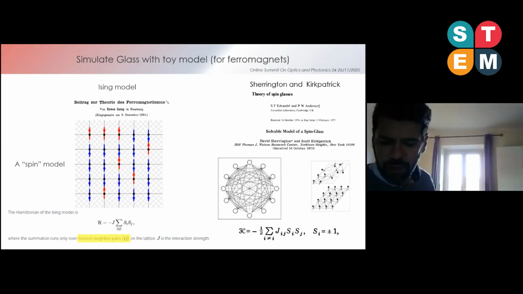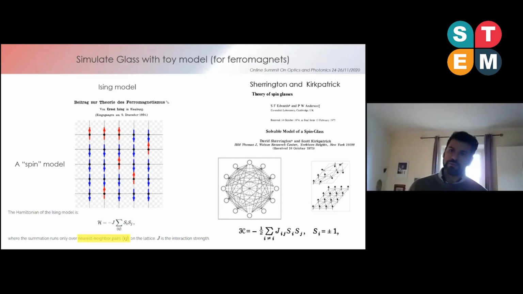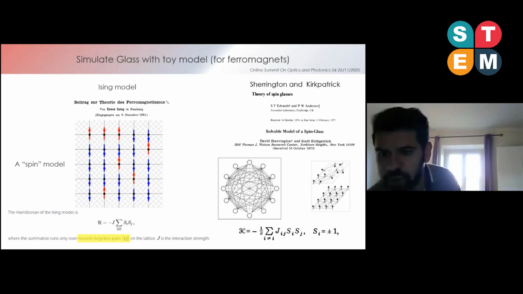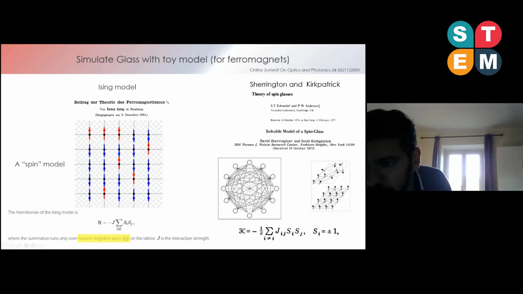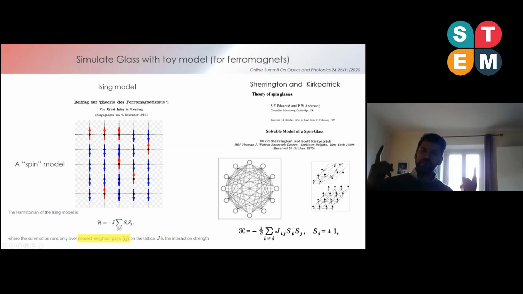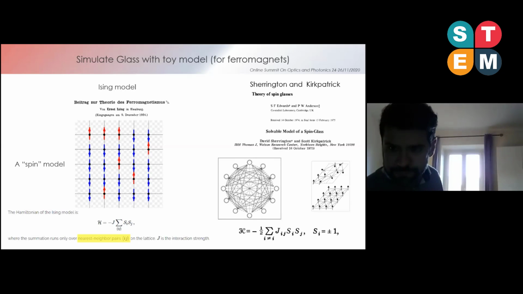So all the spins have been completely connected. And the interesting feature is that in that case, you can have a structure in which at a certain temperature, the spins are not all oriented, but they are frozen in random configurations.